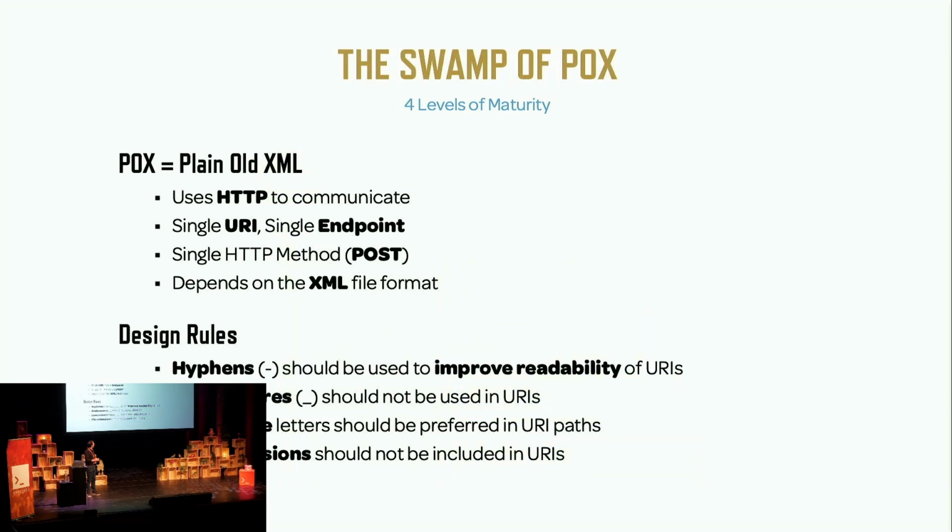So, to go a bit deeper on the swamp of POX. Swamp of POX, plain old XML, is just a way of saying, okay, we use HTTP to communicate, which is already nice, but we only have one single URI, one single URL endpoint. So this means, for instance, we have a URL that's called api.example.com/first-post.